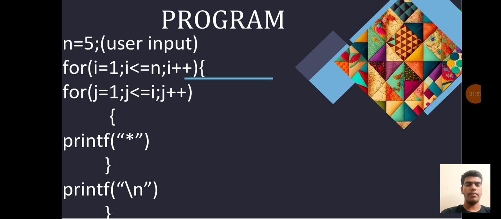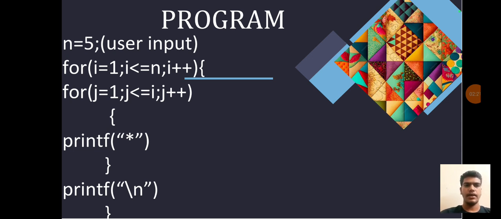So today's program is to generate a pattern of stars in a right angle triangle. So we'll take an integer n, which is a user input, 5. For the outer loop, we use variable i equals 1, where i is lesser than or equals to n, and then i increments.